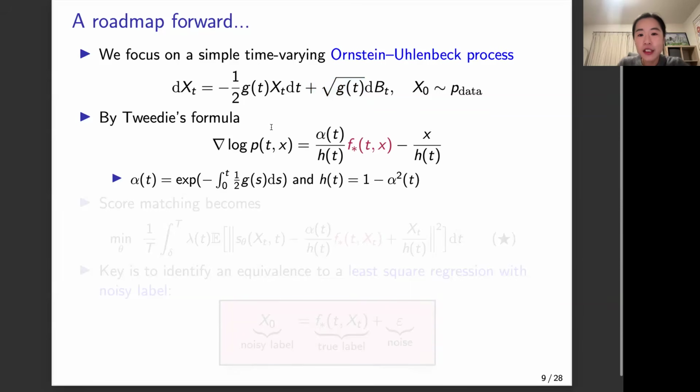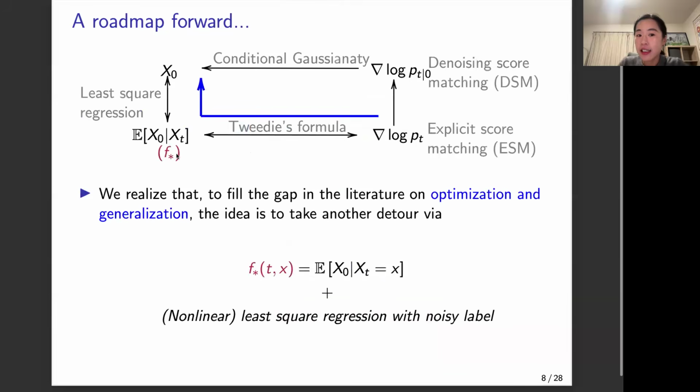By applying Tweedie's formula, we can see that the Stein score function is just a linear combination of f star and something we know, because h_t is a function of g_t. So the Stein score function has a very nice connection to the intermediate quantity we want to investigate, and all the focus can be translated to approximating this posterior mean.